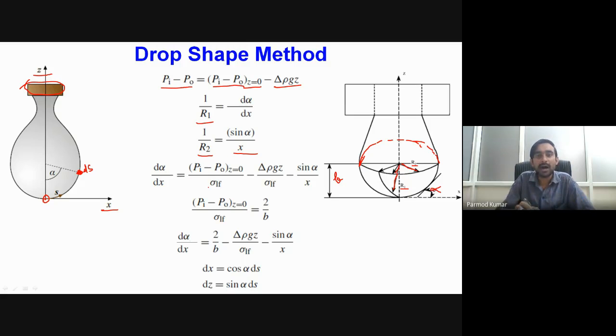Now we know that the pressure on the left hand side, Pi minus P naught, from our Young Laplace equation is equal to sigma times 2H. Since we have the individual radii of curvature 1 by R1 and 1 by R2, I can simply write this as sigma into d alpha by dx plus sine alpha by x.